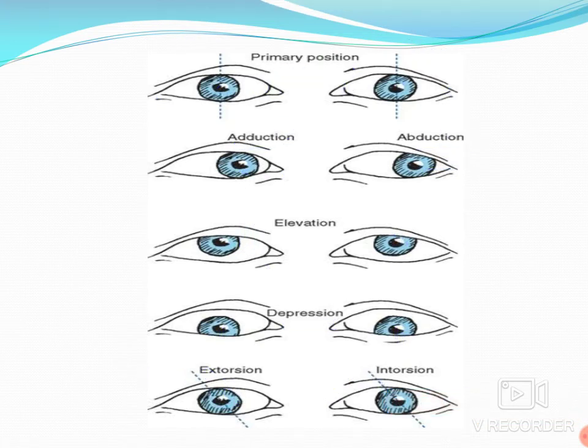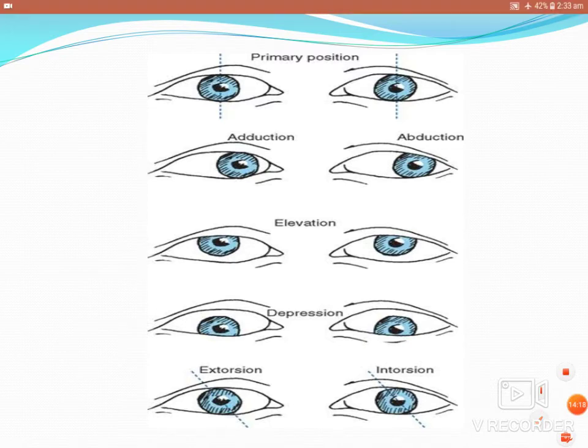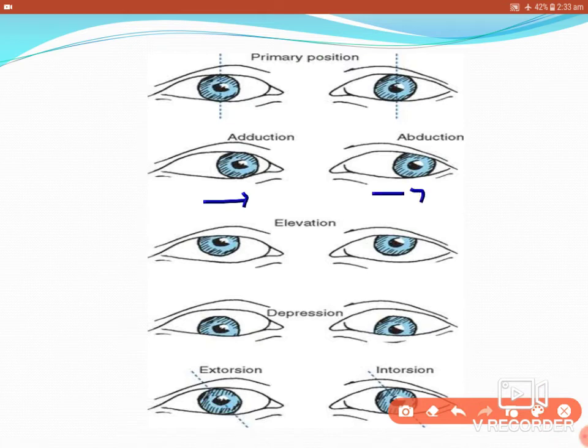So these are the conjugate movements. These movements take place in the same direction. And also the visual axes lie parallel to each other in these conjugate movements.